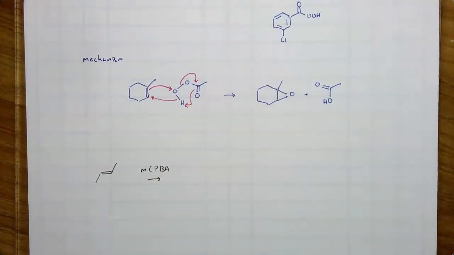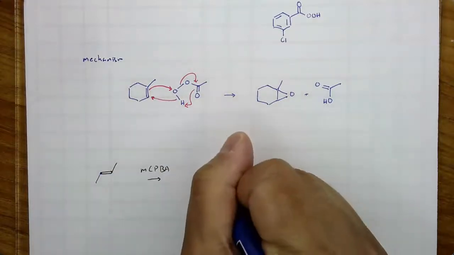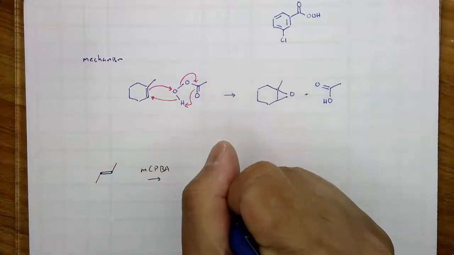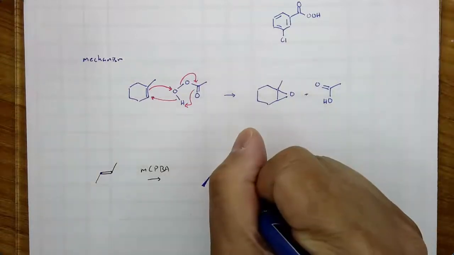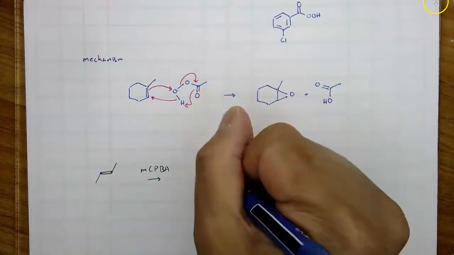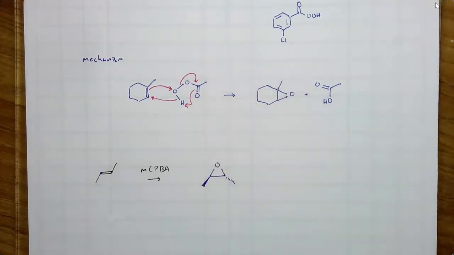And what I would do is I would make this kind of flat like that, and realize that now these two methyl groups are on opposite sides. So I'm going to do this, and I'm going to do that. And I'm going to put the oxygen on top. So that's one way to draw the epoxide showing stereochemistry.